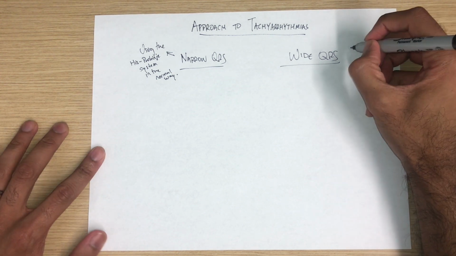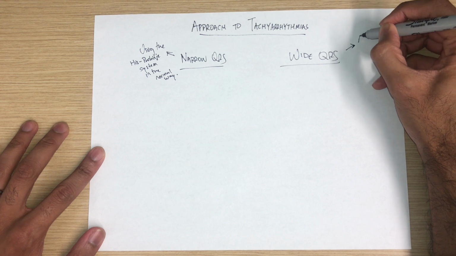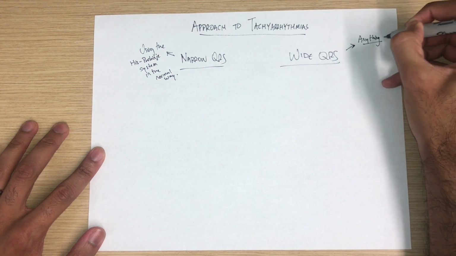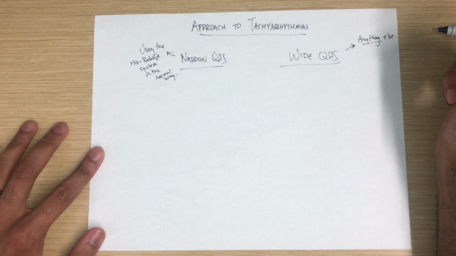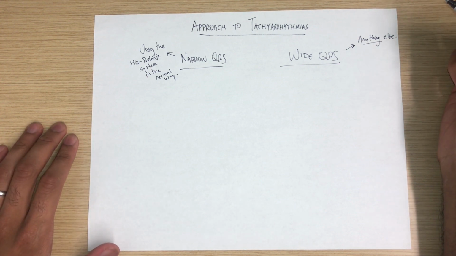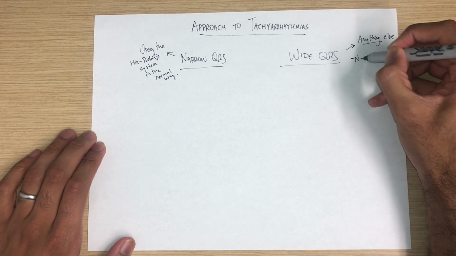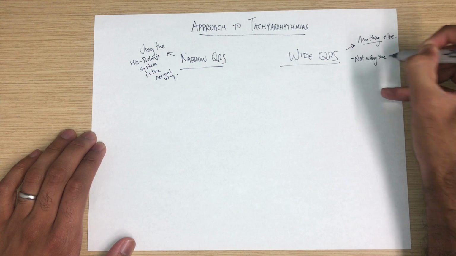On the other hand, a wide QRS complex means something else is happening, anything else. And that could be a variety of different things. One way that you could have a wide QRS complex is not using the normal His-Purkinje system.